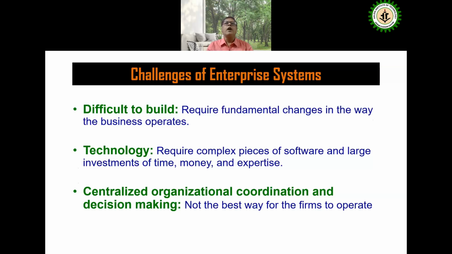Suppose marketing and sales, they identify what products need to be manufactured, how they need to be advertised, and in which area the product will be sold to the targeted customers.